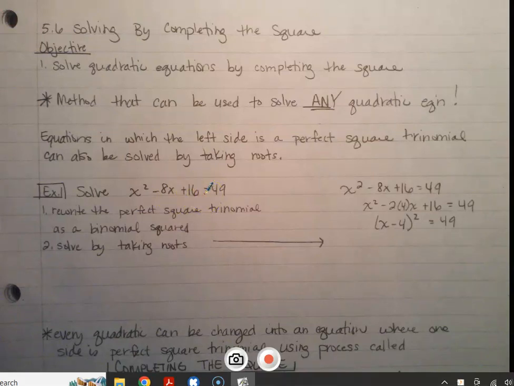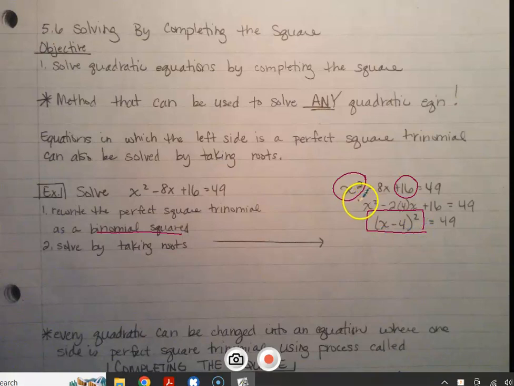It says rewrite the perfect square trinomial as a binomial squared, which is what we just did in the previous problem. The x squared is a square and the 16 is a perfect square. The factors of 16 that would get us 8 are -4 and -4. So that's where we get x minus 4 squared.